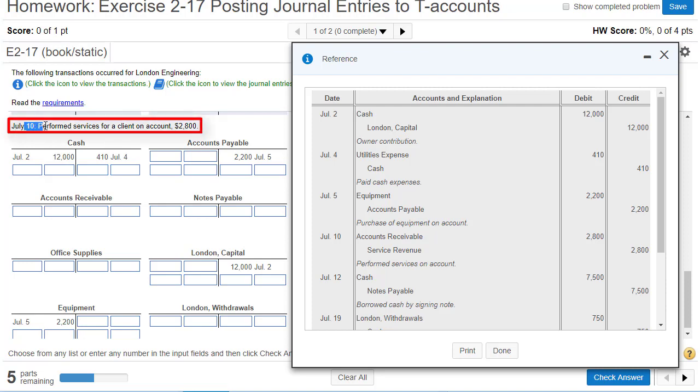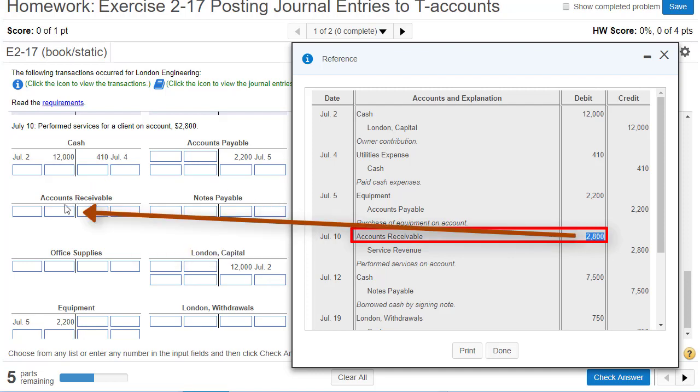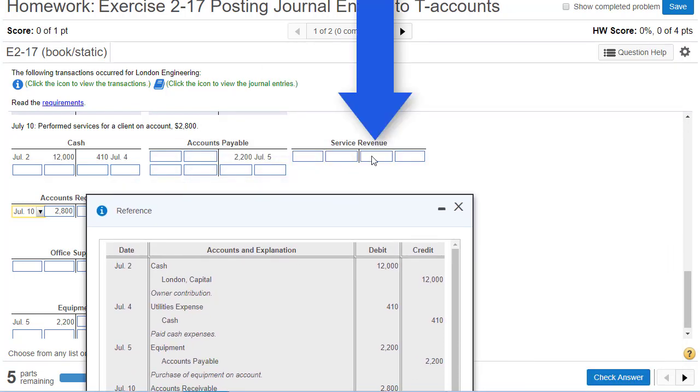So we are now on July 10th. So on July 10th, we have AR, $2,800 on the left or debit side. So I'm going to post that on the left side, July 10th. And then we've got service revenue on the right side, $2,800. So here's my service revenue, $2,800, July 10th.